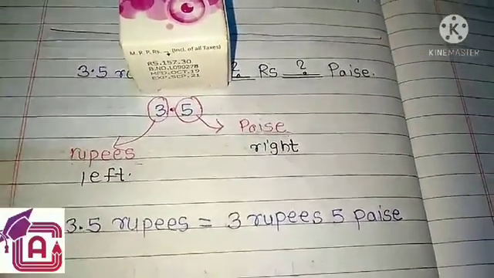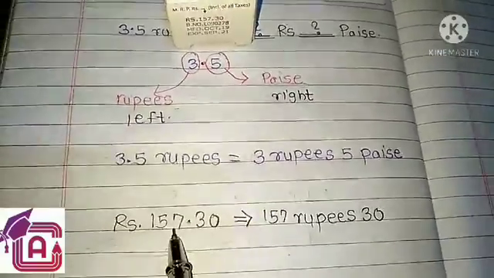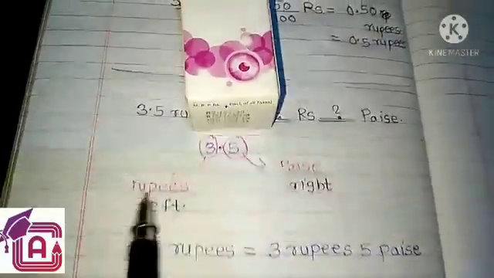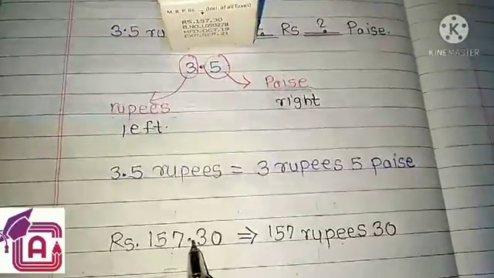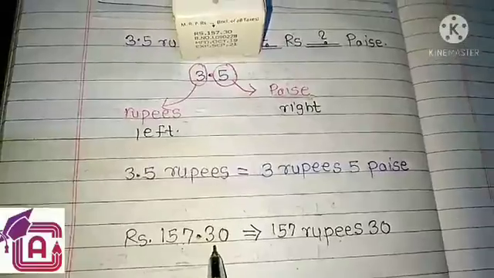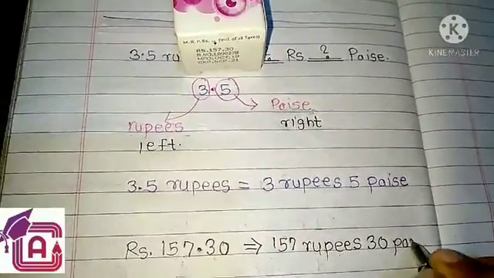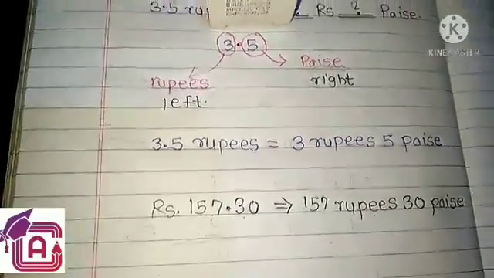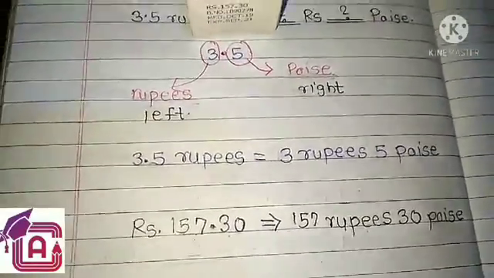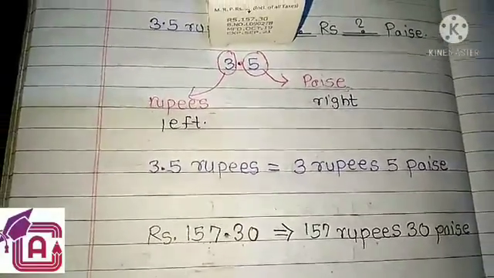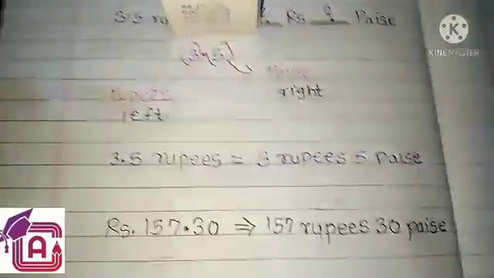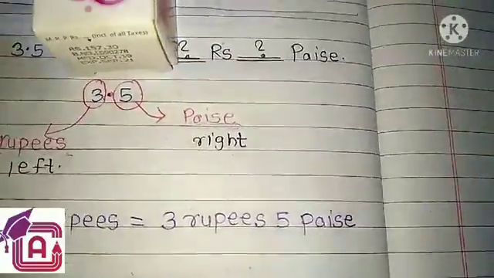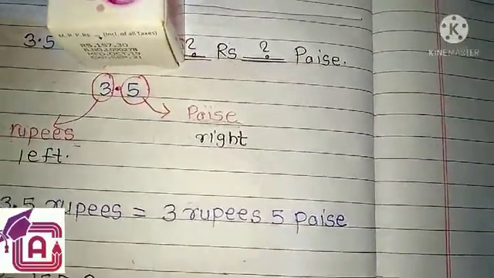So how to write this? First write down the left side number 157. This is the amount in rupees. So write down rupees, and the number on the right side of the decimal point is in paise. So 30 paise. So you can easily identify how many rupees and how many paise are present in the given amount. In this way you can easily convert rupees into paise and paise into rupees.